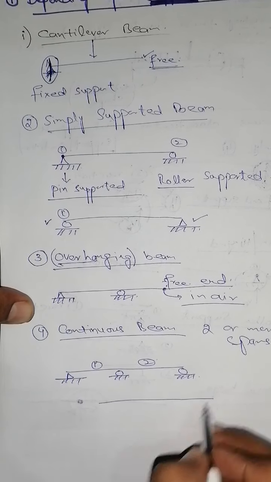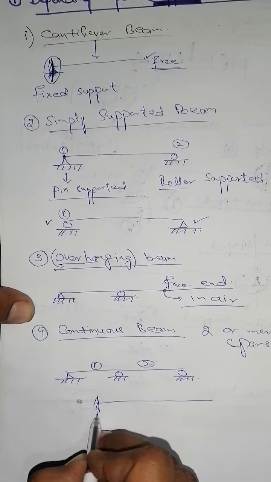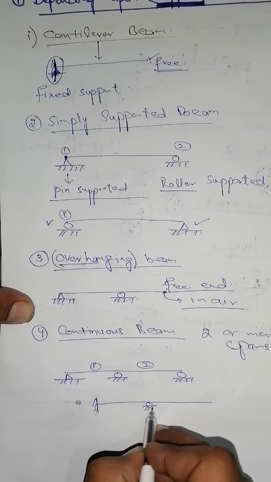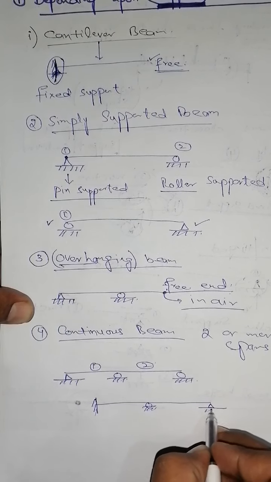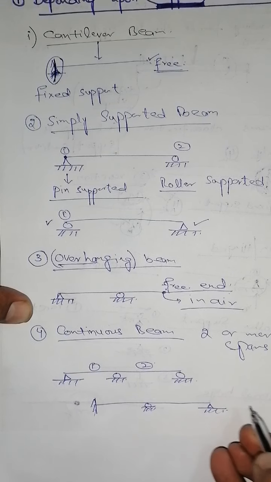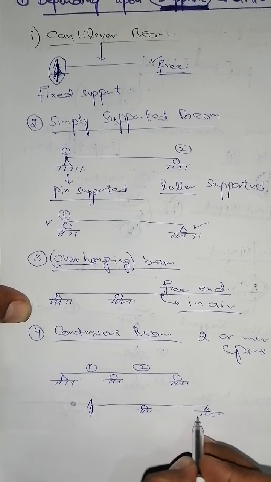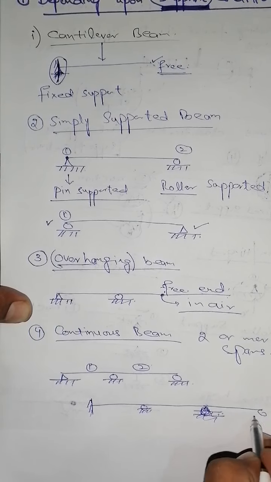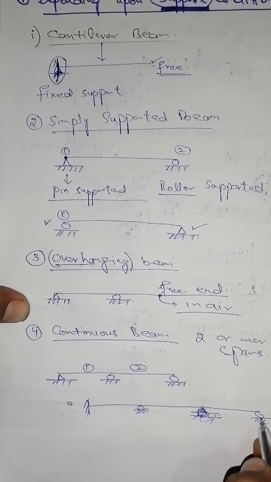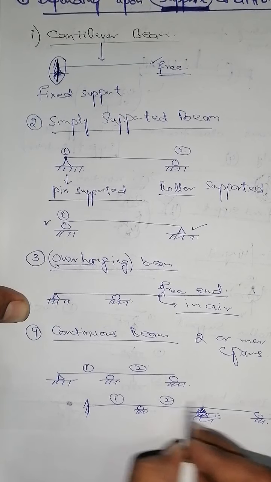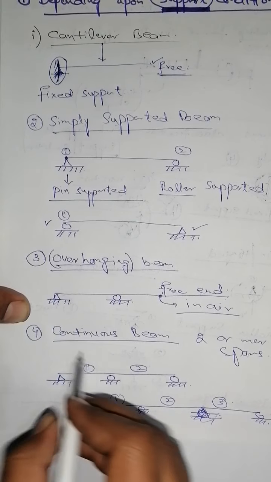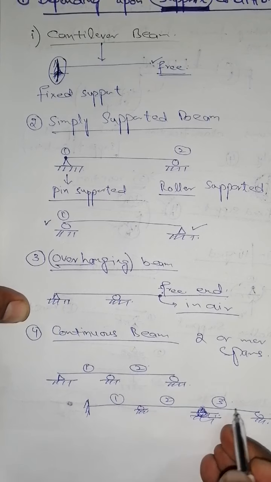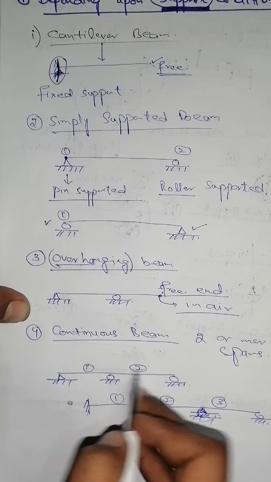It may be like this as well. We have fixed support at this end, roller support at this point, and a hinge support at this point. We can adjust here a roller, and this will go this way till this support. This has three spans, 1, 2, 3. This is a continuous beam having three spans, and this is a continuous beam having two spans.